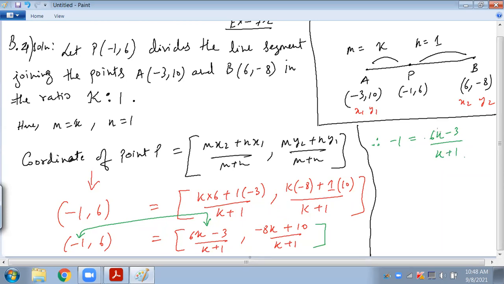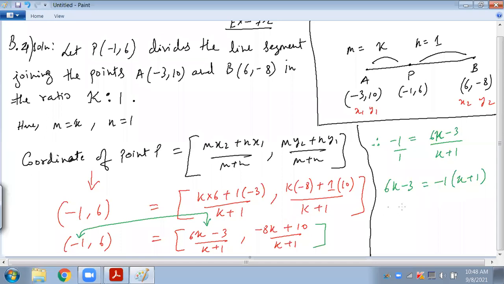Now we are going to find k, so cross multiply. -1 into, okay, there is no denominator, you can put by 1. So we can cross multiply. I'm multiplying the bigger one, 1 into 6k, and writing it on the left. 1 into anything is the same thing. And -1 into k plus 1 will be what?